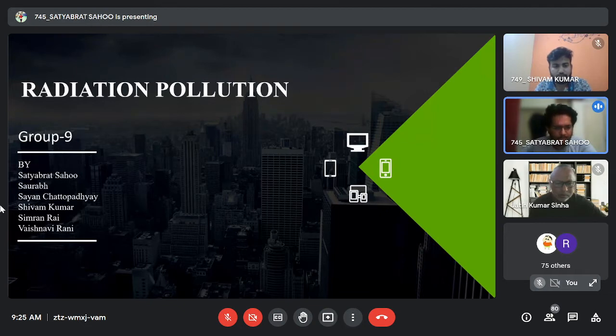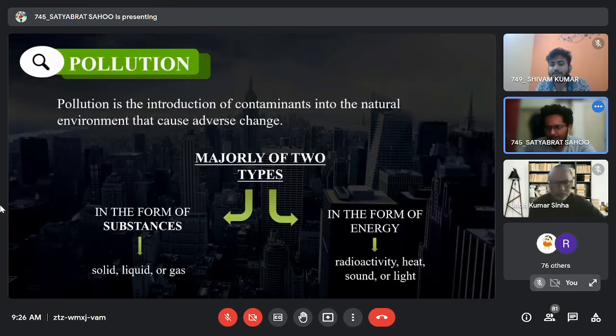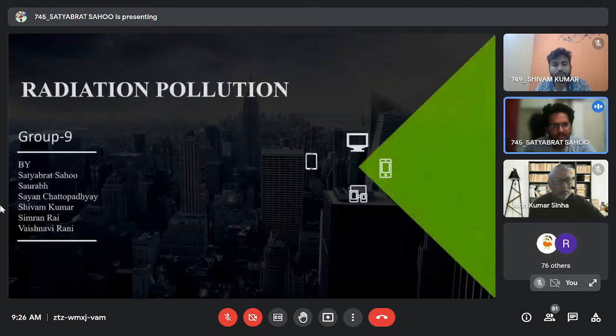Natural pollutants can be volcanic ashes, and human-made pollutants can be waste material that comes out from factories. But the majority of pollutants are of two types. The first is substances like solids, liquids, and gases, and the other is in the form of energy, which can be radiation, heat, and sound.